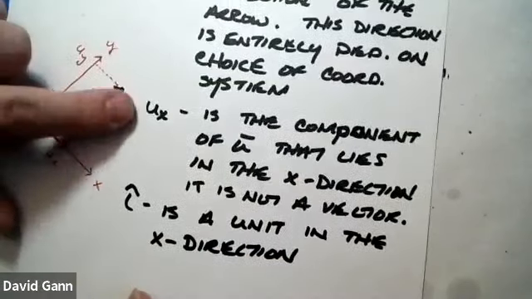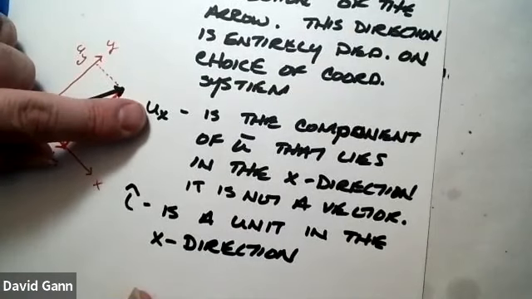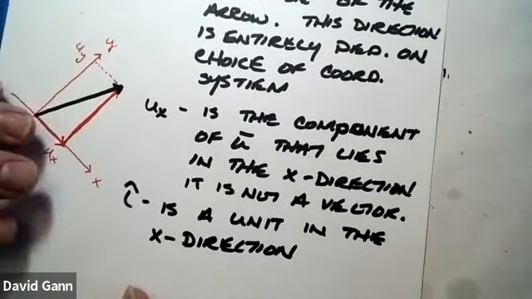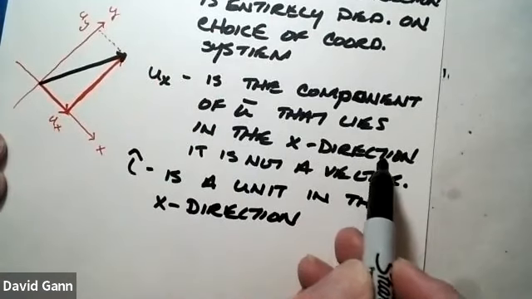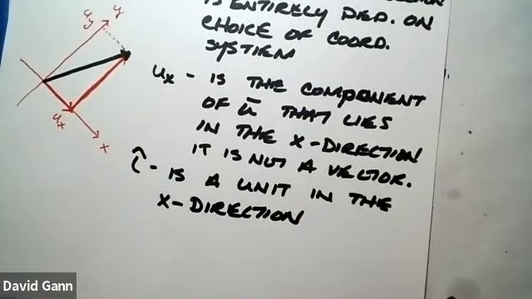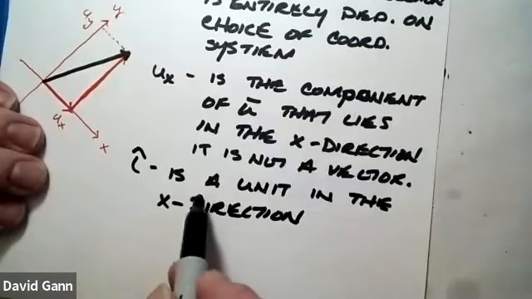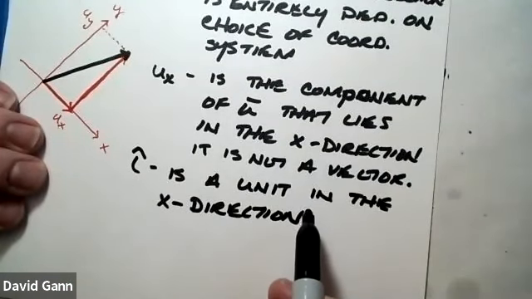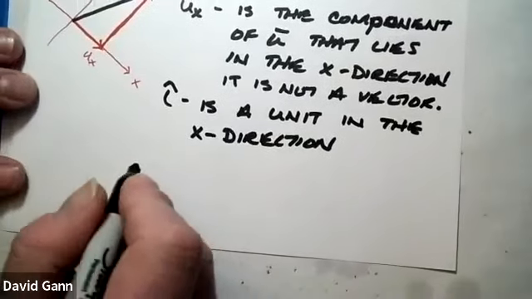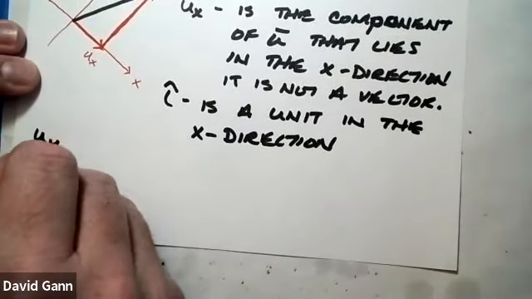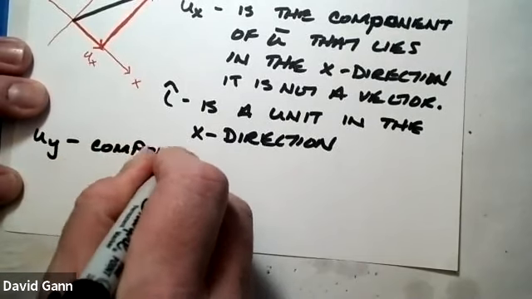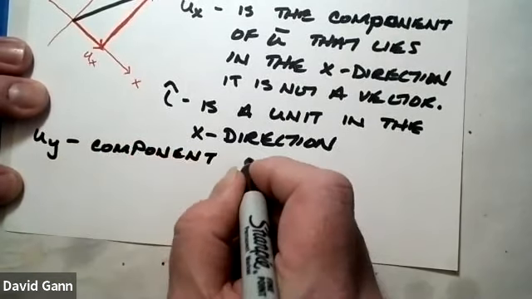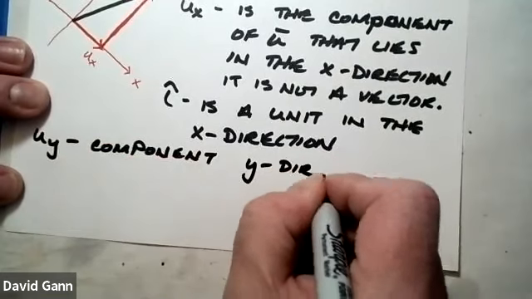Now we could say all of the same things about the other piece of this. We could repeat all of that same wording, except we're going to change x direction to y direction. And we're going to use a different symbol for a unit vector in the y direction. So I will just simply say u sub y, component, y direction.